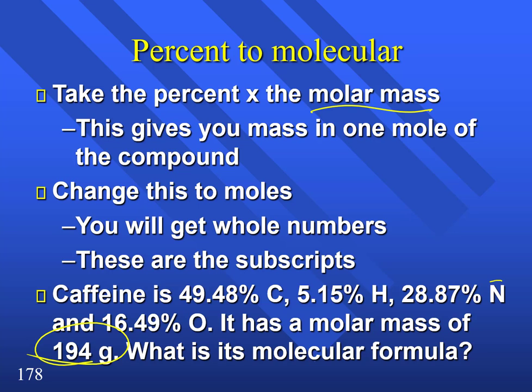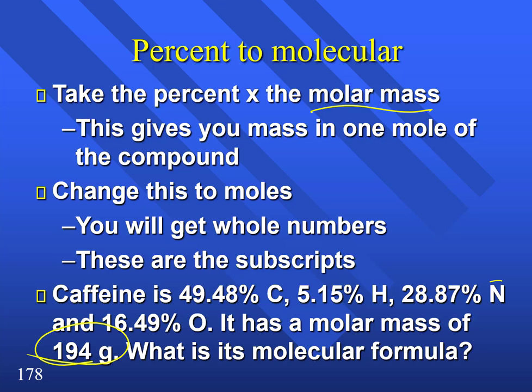So 0.0515 times 194 is 9.99 grams of H. And with 1.01 grams of H being 1 mole of H, do you need a calculator to figure out what whole number you're going to get here? 9.99 divided by 1.01. What's the whole number you'll get? It's going to come out really close to 10. H10.